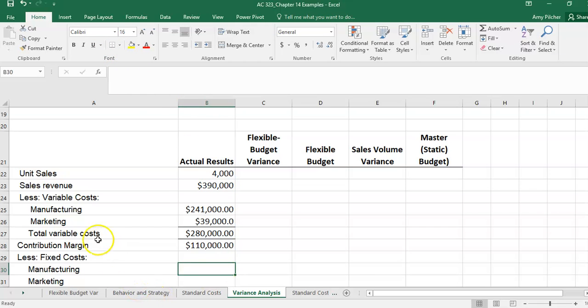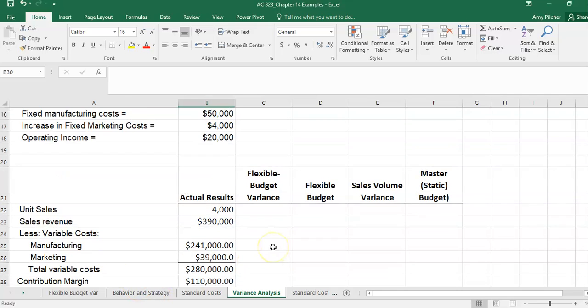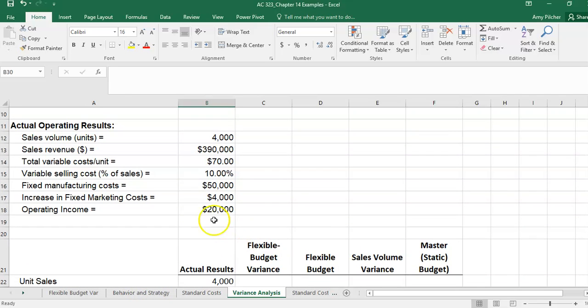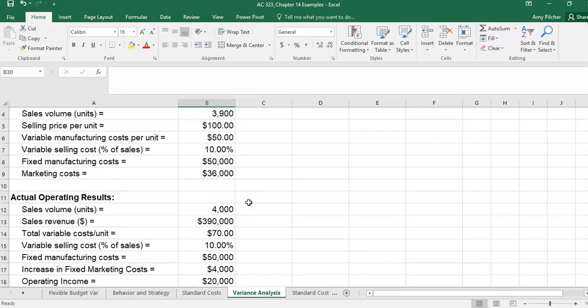Now we need to look at our fixed costs. So we have information about our fixed costs. We're told that our fixed manufacturing costs are $50,000 and that we have fixed marketing costs that we had an increase of 4,000. So our total marketing costs, our budgeted marketing costs were $36,000.